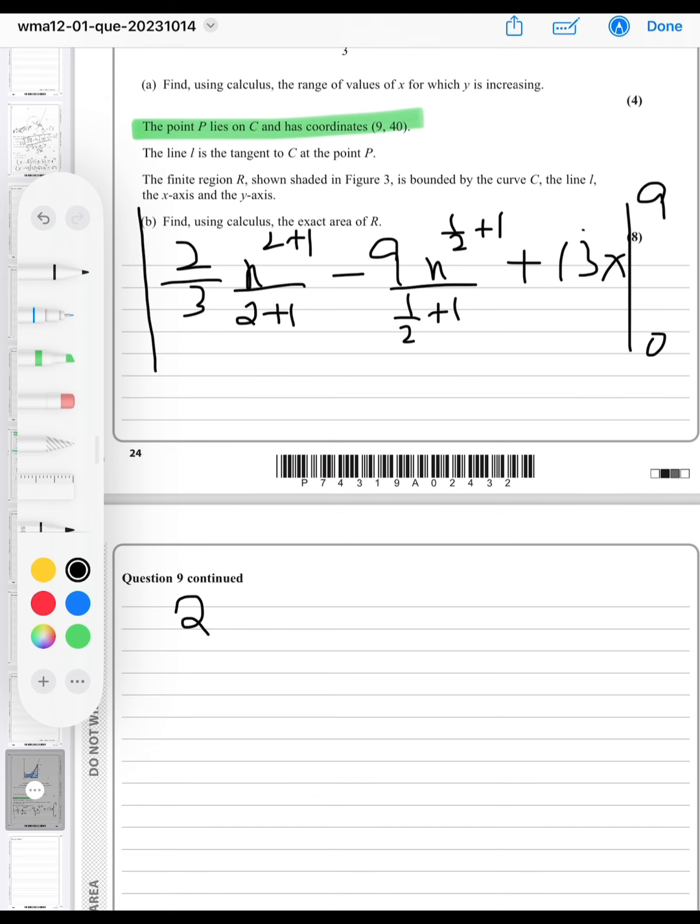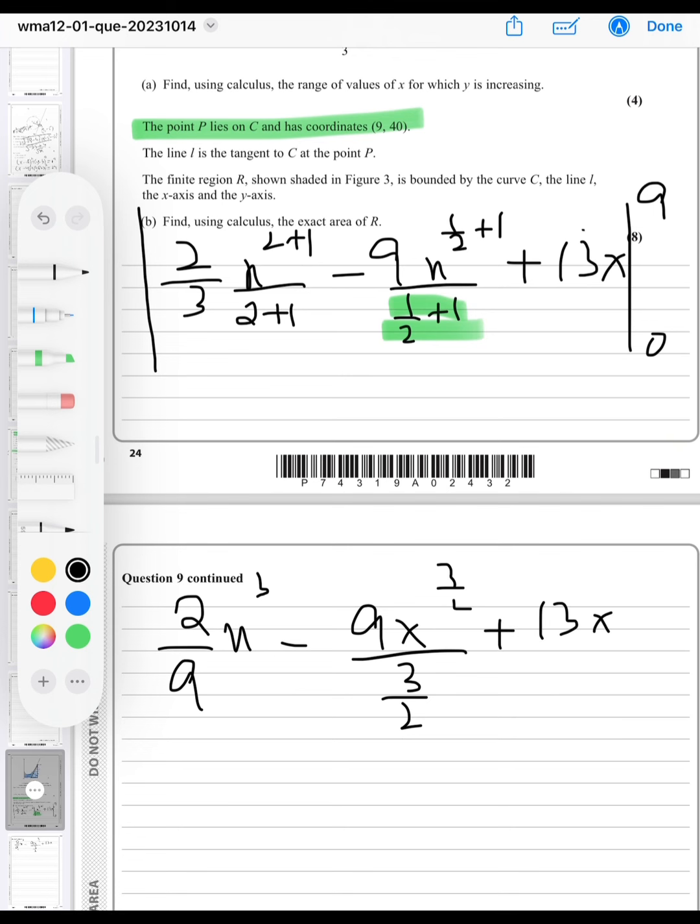So it will look like this: 2/9 x to the power of 3, minus, taking the LCM of the denominator, x to the power of 3/2 upon 3/2, and plus 13x, between 9 and 0. So this 2 plus 1 becomes 3, and then we multiplied this 3 with this 3 to get this 9, okay.